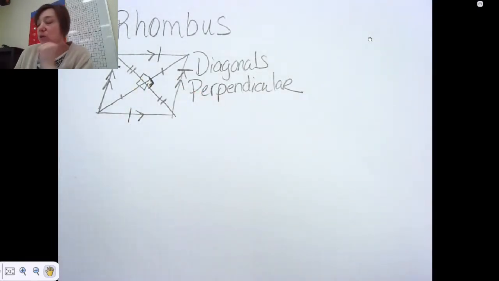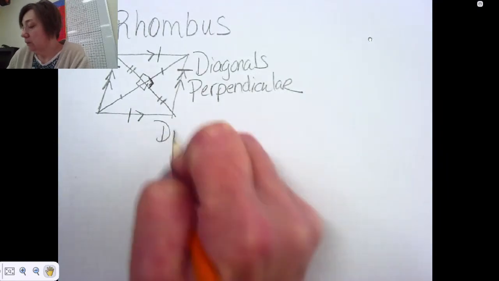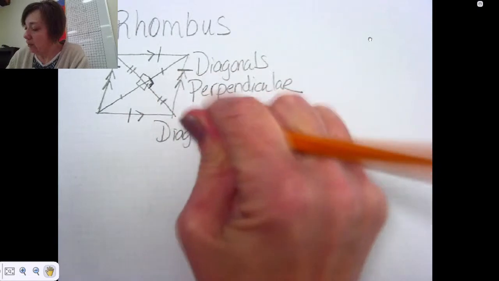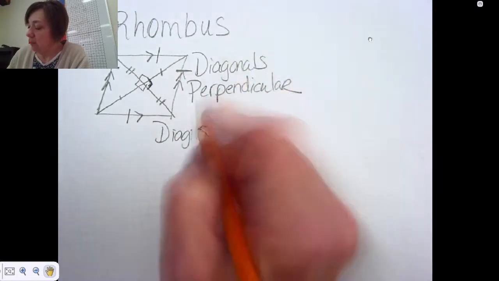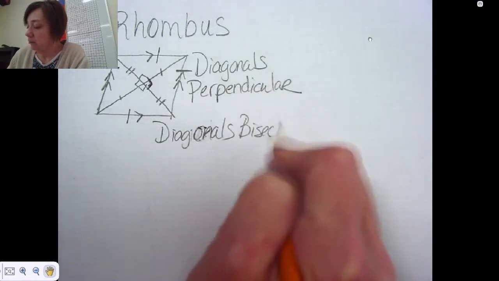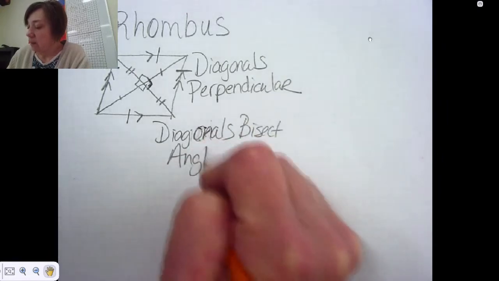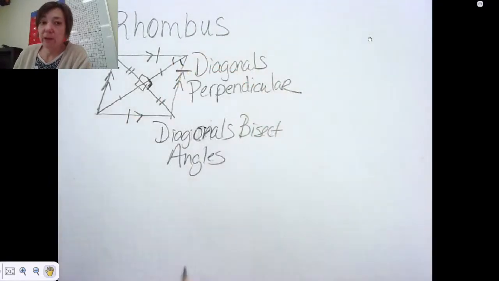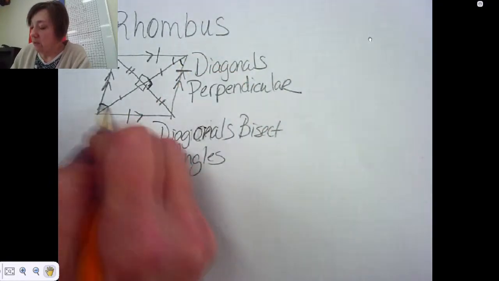The diagonals also bisect the angles. I cannot spell the word diagonal to save my life. So that means that this angle here and this angle here are congruent. And this angle here and this angle here are congruent.